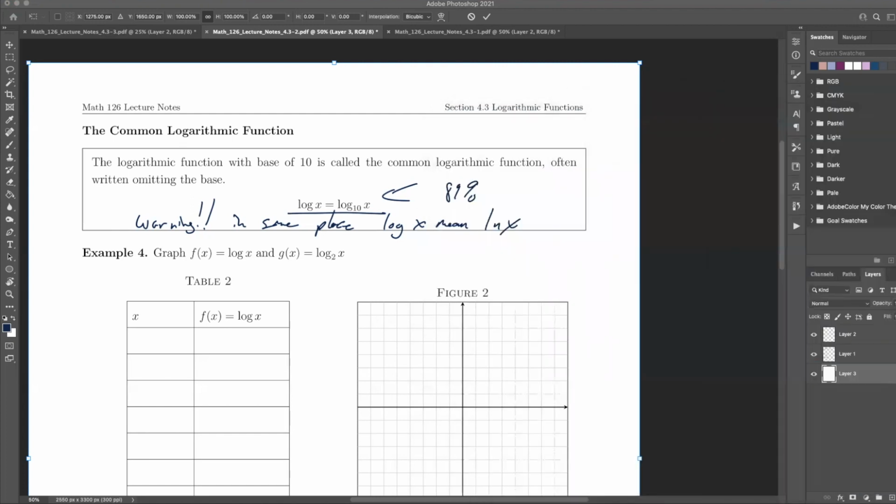Just be very careful: in Wolfram Alpha, log is not log 10, it's log e. I warn you specifically about that one because that's what we're using for the calculator in this class. But most places, log base nothing is log base 10, though not all.